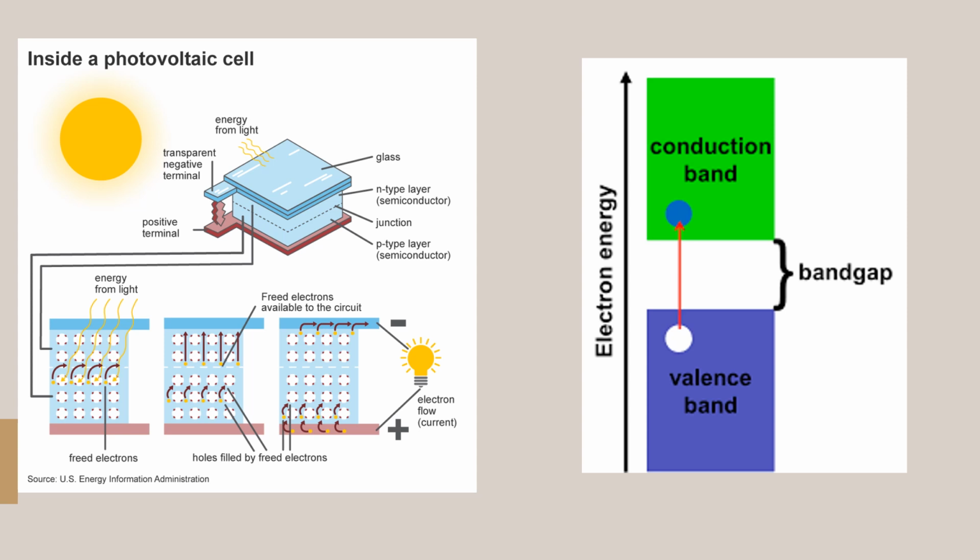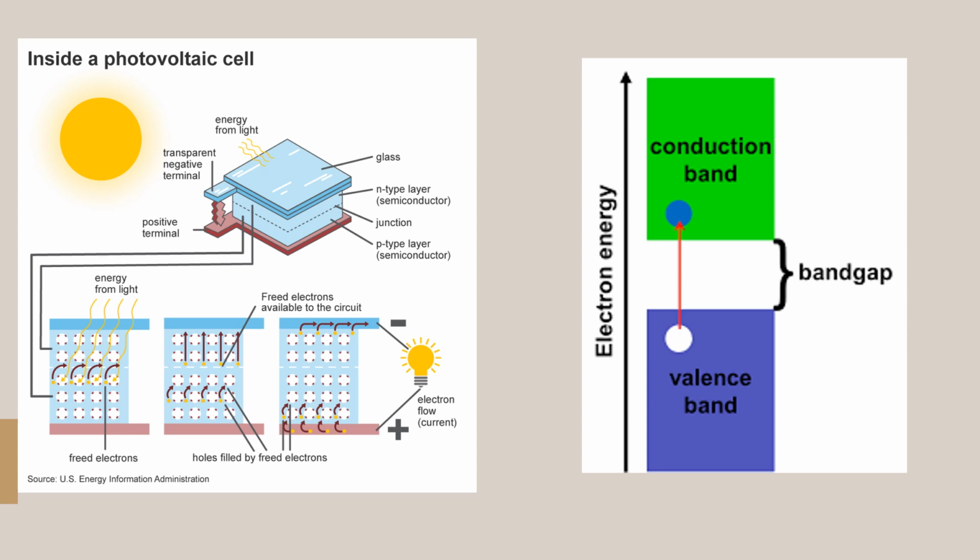Below the junction is the p-type semiconductor, and these are connected by wire which goes to the terminal here, and the flow of electrons makes the current.